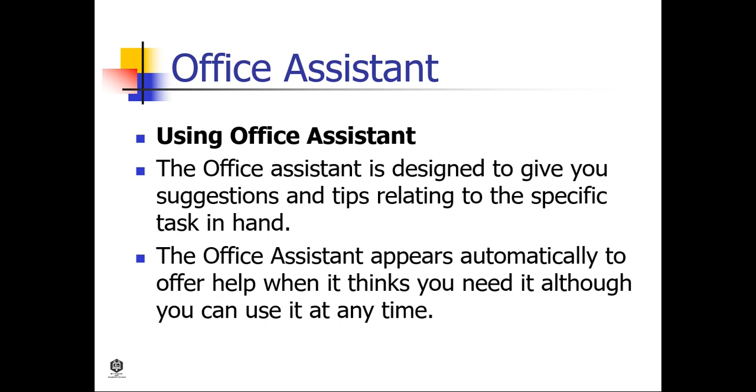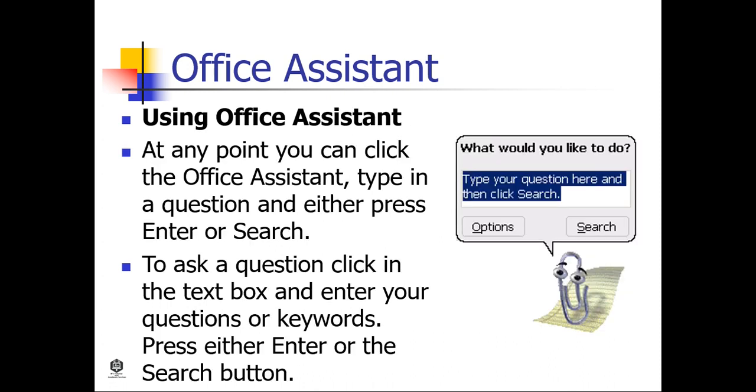The use of Office Assistant. The Office Assistant is designed to give you suggestions and tips relating to the specific task in hand. The Office Assistant appears automatically to offer help when it thinks you need it, although you can use it anytime. At any point, you can click the Office Assistant, type in a question, and either press Enter or Search.